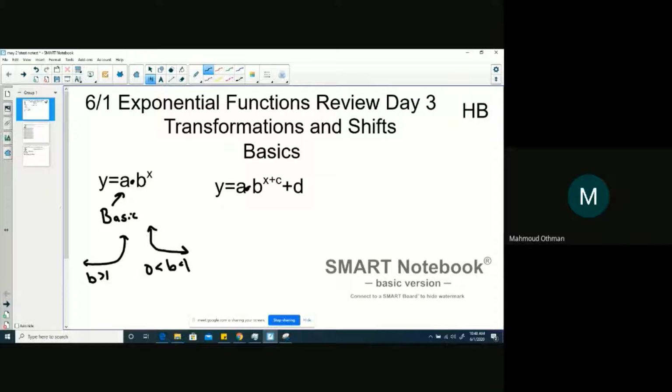If you've taken algebra with me before, we have mentioned shifts, or transformations, before. And so we know when anything is added or subtracted on the outside, this d right here will move the graph up or down.